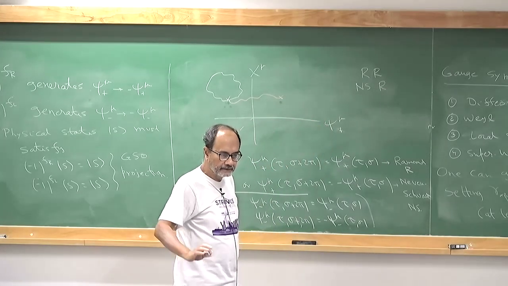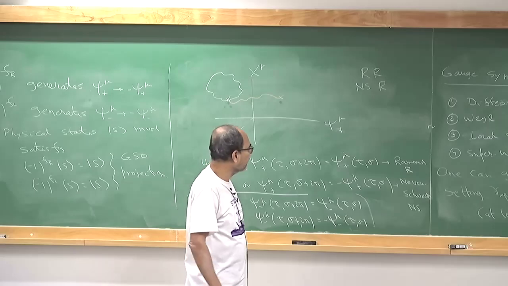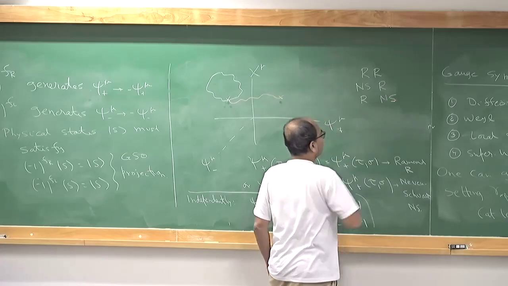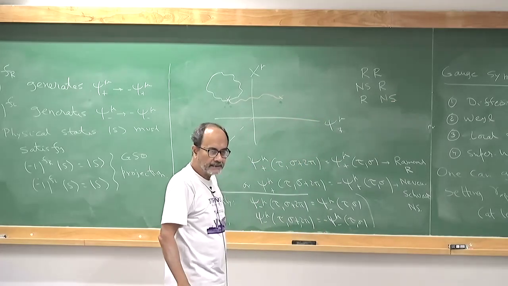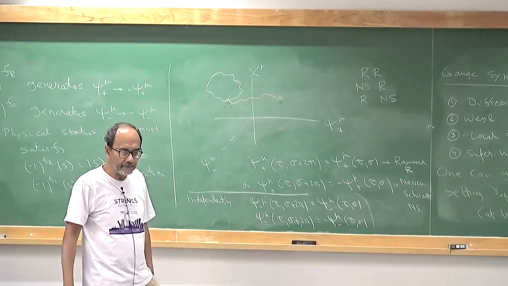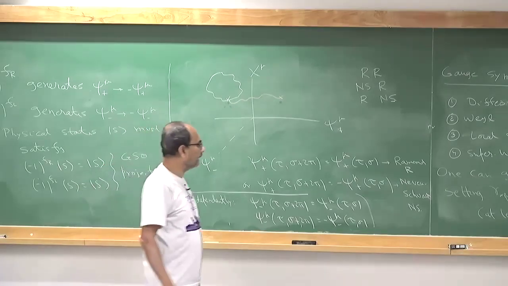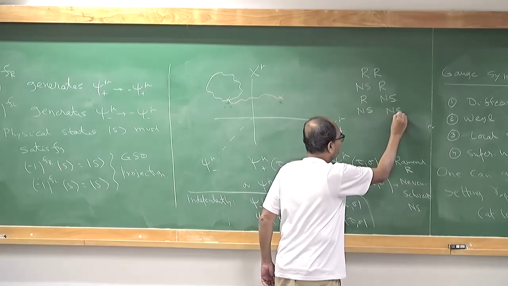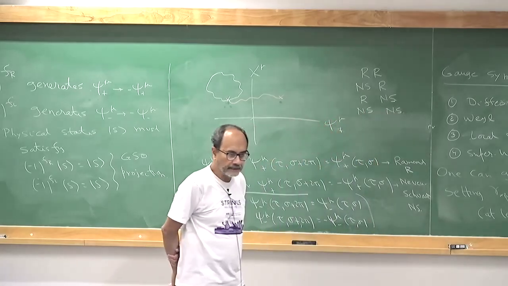Then you have RNS, when psi minus is periodic but psi plus is antiperiodic. And then you have NSNS, where both psi plus and psi minus are antiperiodic.